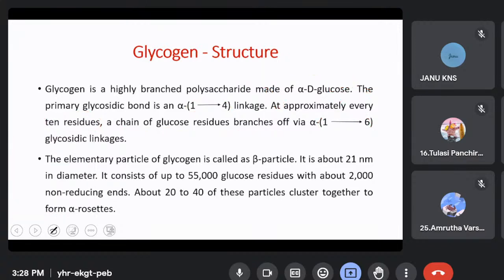The elementary particle of glycogen, which is formed because of these branchings, is called a beta particle. Its size is 21 nanometers in diameter, and it consists of 55,000 glucose residues. So the number of glucose residues present in glycogen is 55,000.